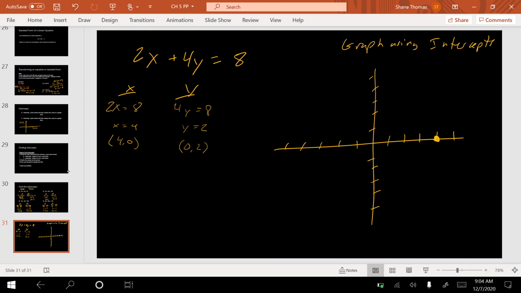All right, then my y-intercept is going to be at 0, 2. 0, and then 1, 2 goes right there. So I got my 2 intercepts graphed on there. So I want to draw the line. I just connect the dots. Okay, so that's pretty simple there. Questions on that? Are we going to have a problem like that? Possibly.